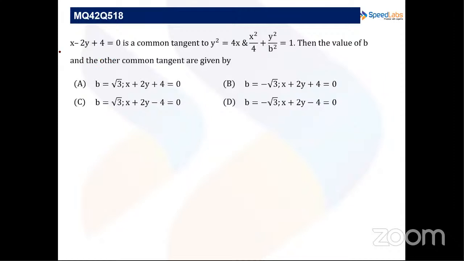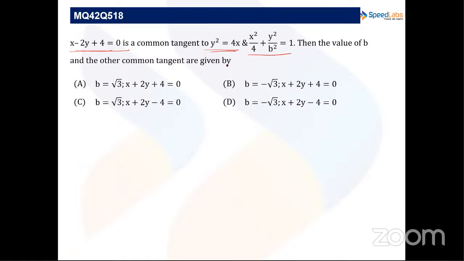Moving on to next question. If x minus 2y plus 4 equals 0 is a common tangent to the parabola and the ellipse, then find the value of b and the other common tangent.